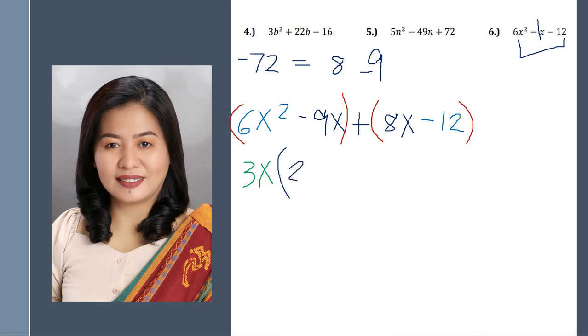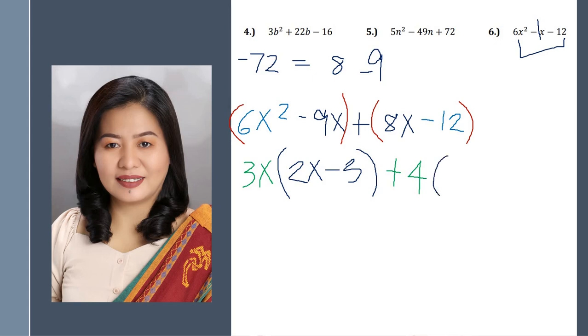We have 2x minus 3 plus 4. 4 is the common factor of 8x and 12.